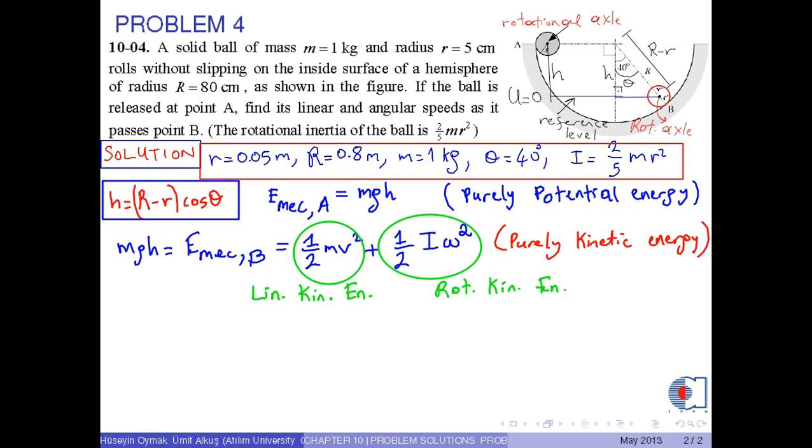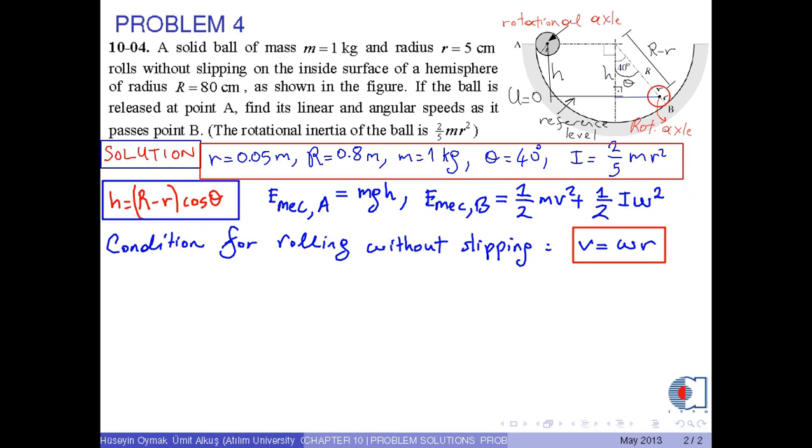Before continuing, let us introduce the condition for rolling without slipping, which is linear speed v equals omega times r. Then put the expressions for h and the rotational inertia of the ball into this equation.